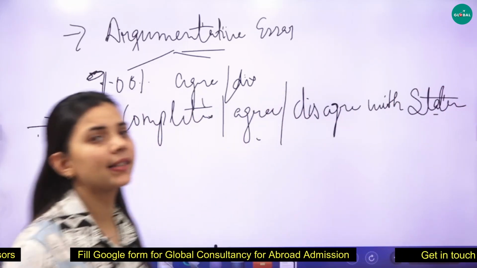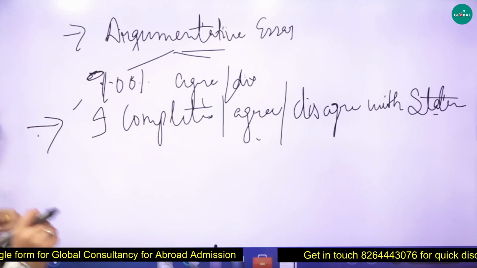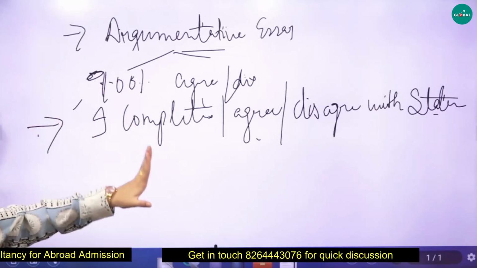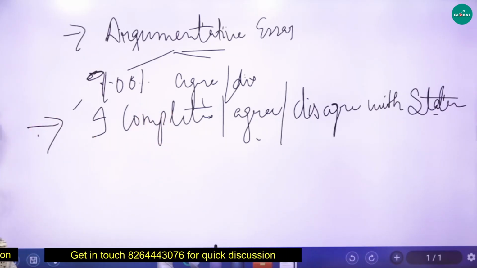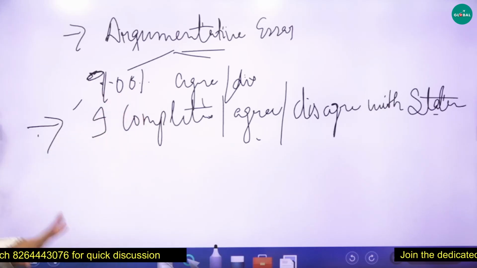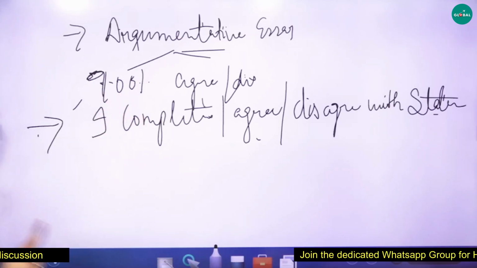Okay? That is something you need to write accordingly. I completely agree or disagree with the statement when you are 100% agree or disagree with something. Right? That is a second case.